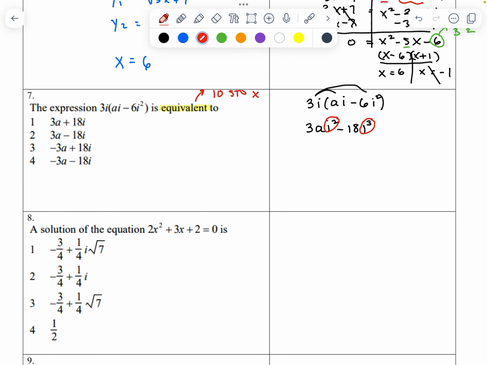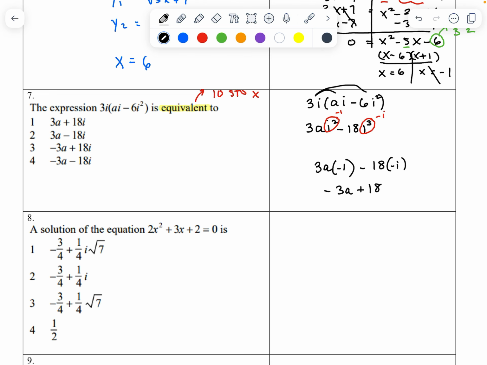So these are -1, -i. So I have 3a times -1 minus 18 times -i. So I'm really just going to put this negative in front, and that negative times that negative is positive 18.